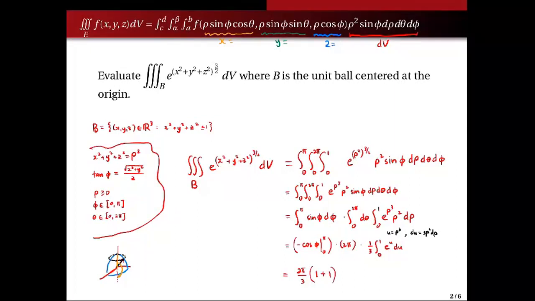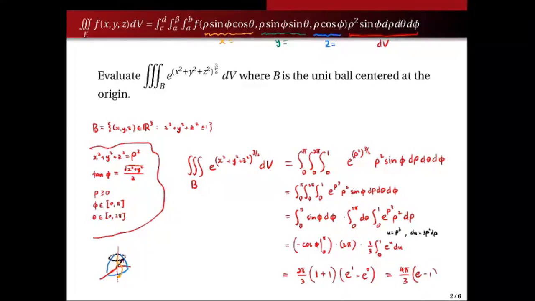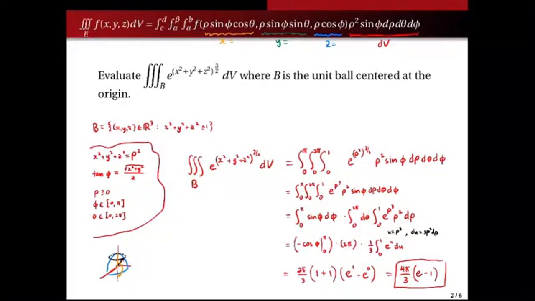And then for the last guy here, you have e to the 1 minus e to the 0. Or if you want to simplify this, this is just 4 pi over 3 times e minus 1. So this is the integral. Questions?